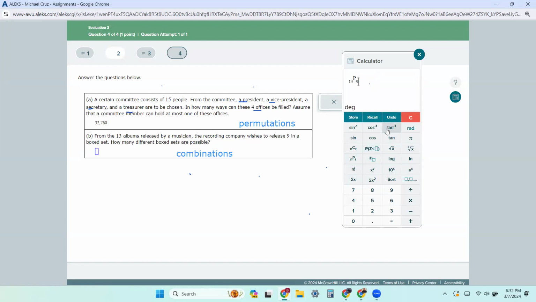Picking 9. Oh, I got combinations. Y'all got to watch me here, because I was looking for a smaller number because it's a combination. So there we go. 715 different box sets.